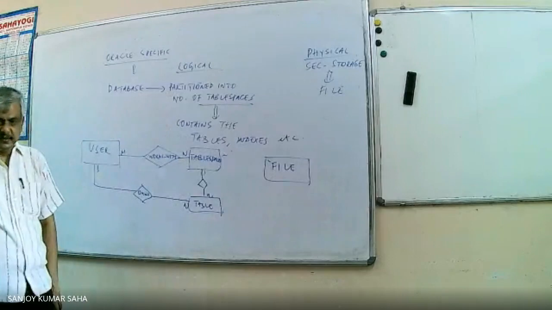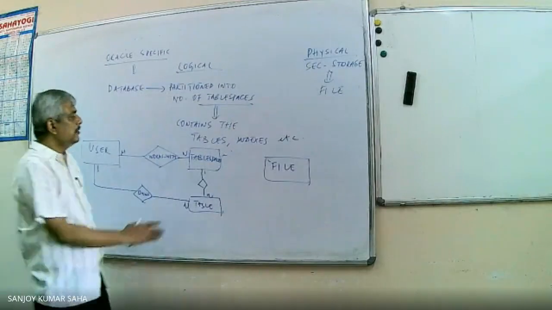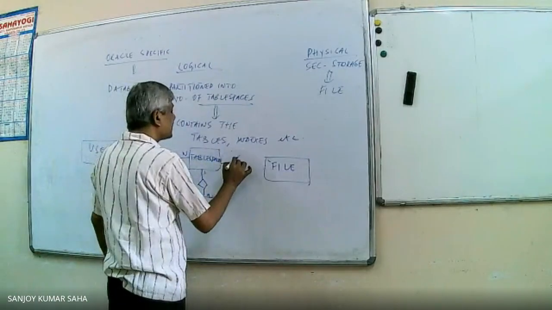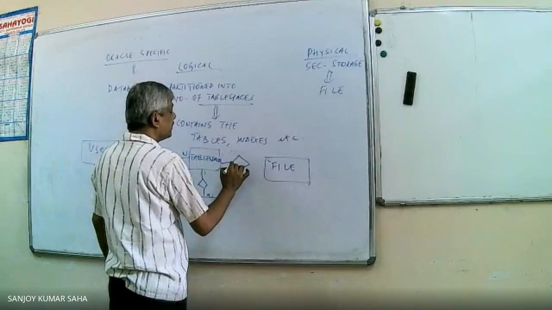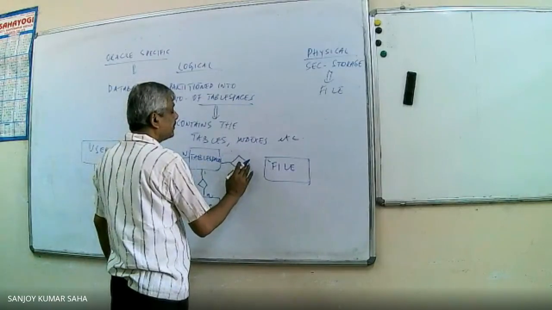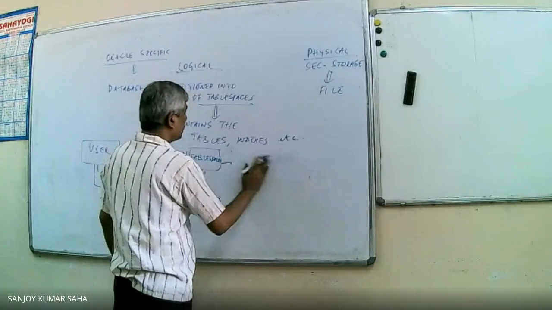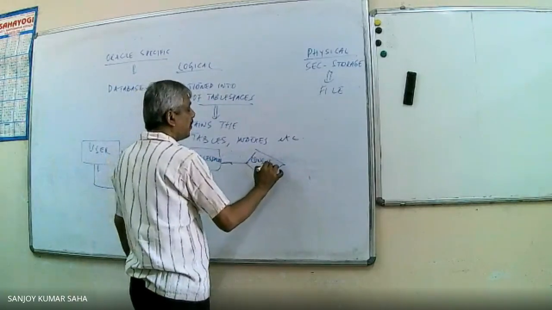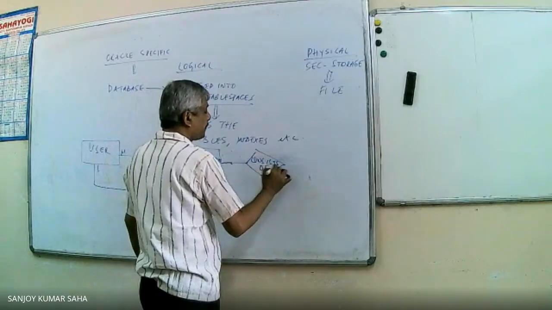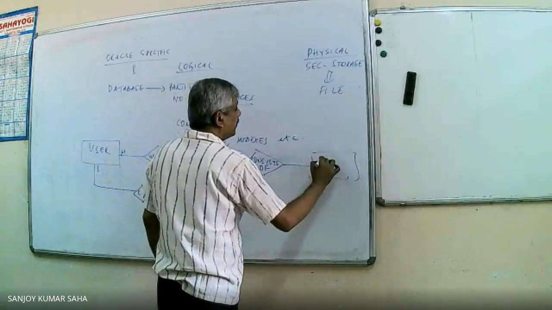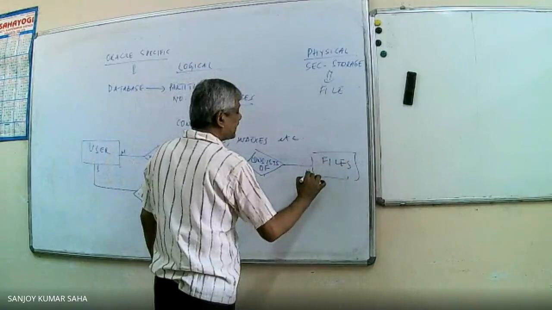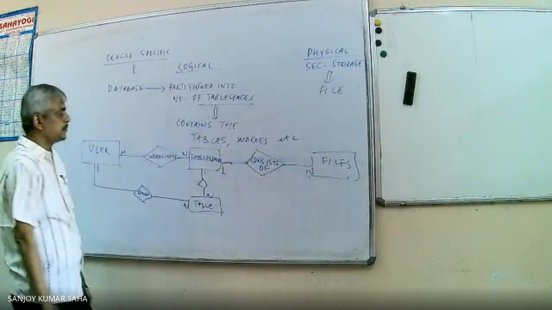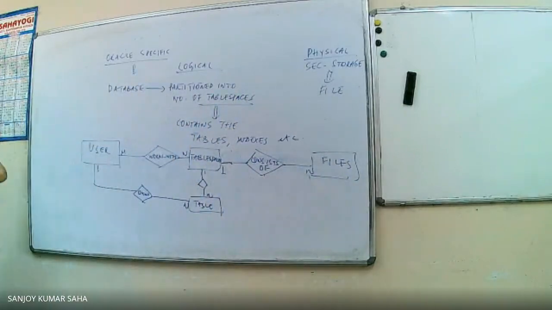So how are they related? A table space consists of one or more files, but a particular file belongs to one table space. So this is the relationship.